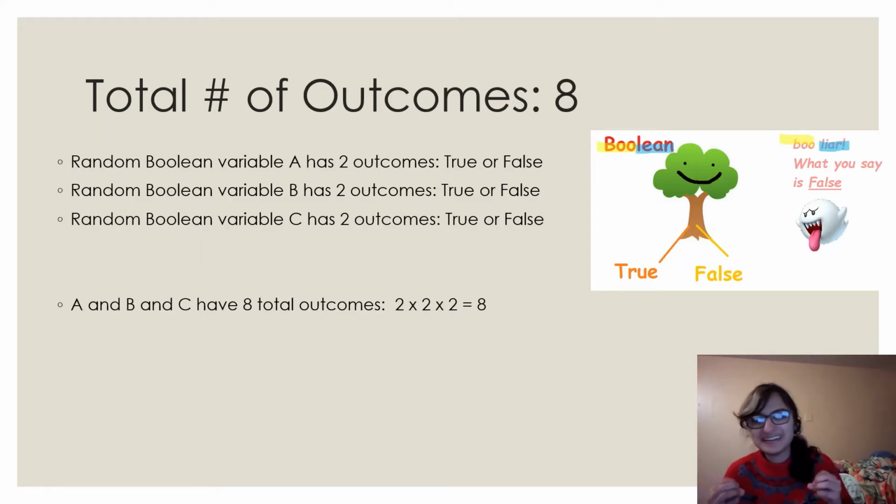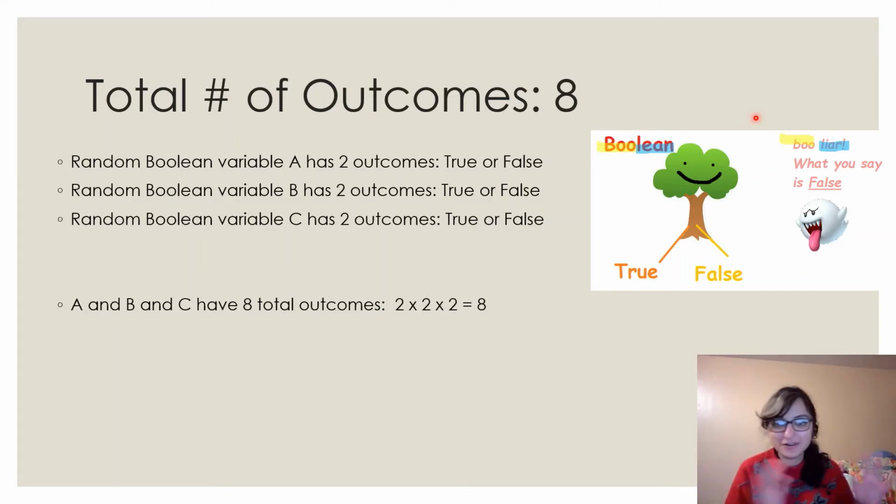Like boo, liar, what you say is false. So you can have two values, true and false. That's how I remember it. So we have these 3 random variables, A, B, and C, and they can be true or false. So, 2 outcomes for A, 2 for B, 2 for C, so 8 total outcomes.